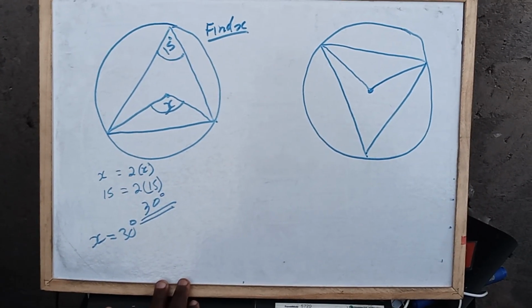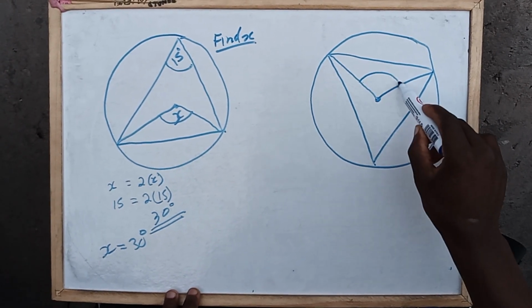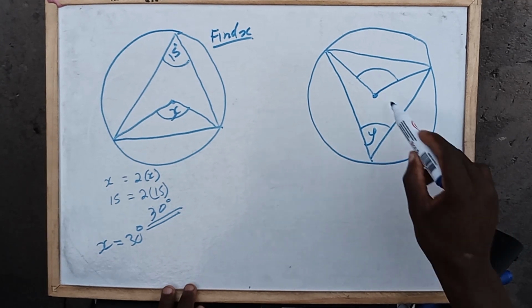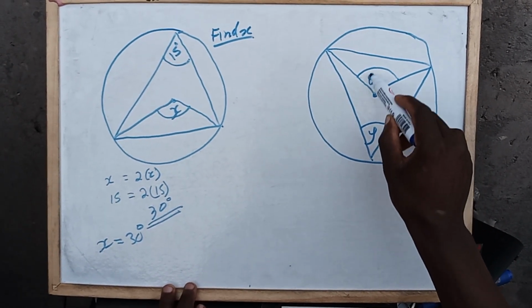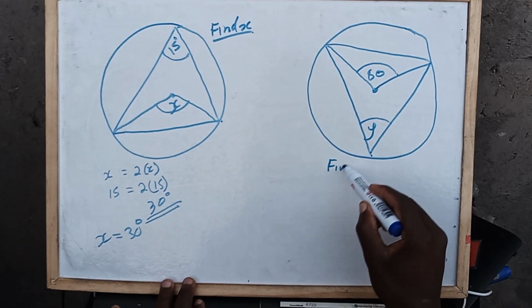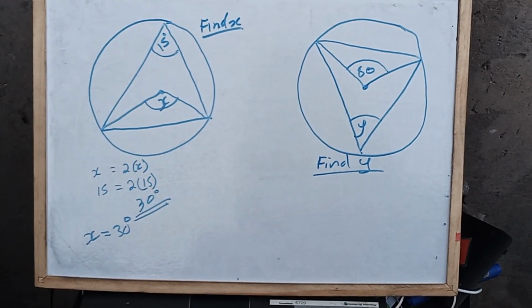So now in our example, we have this angle as y, and here we are given 80. Then the question says find y. How do we find y?